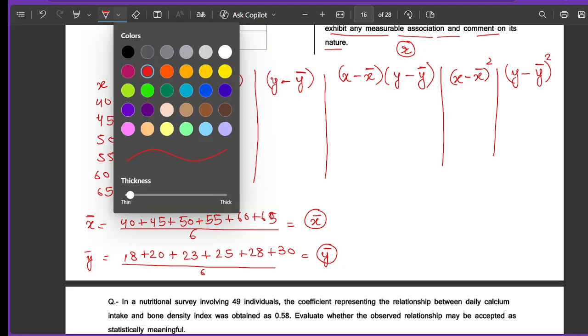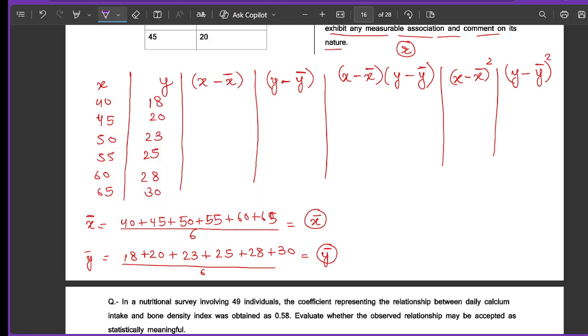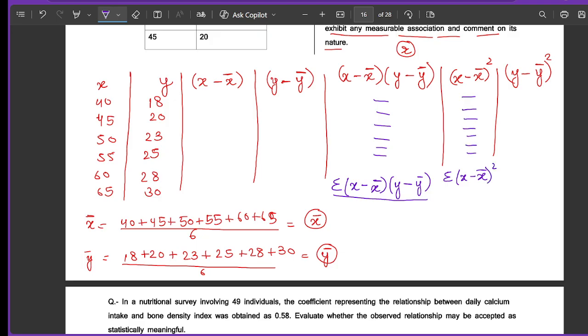Now firstly you require the summation of the product of these two differences. Whatever values come, just add them, and do the same for the squared columns.